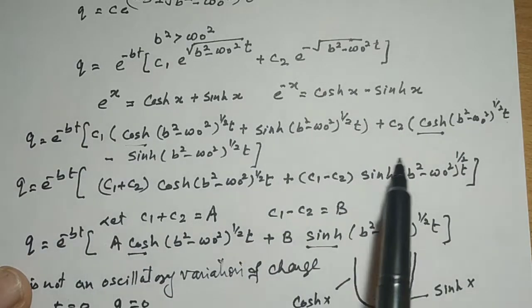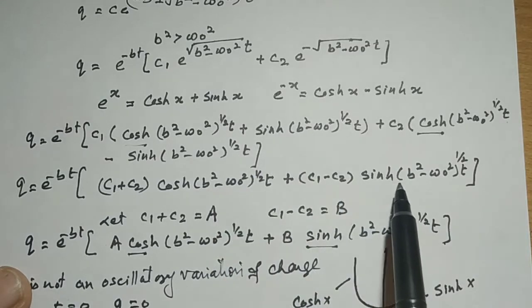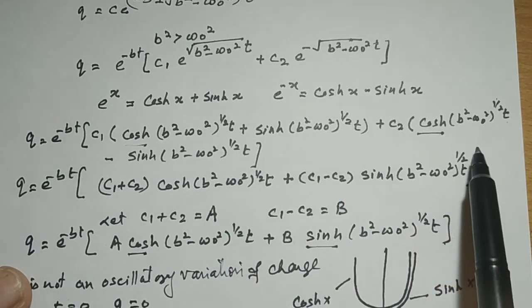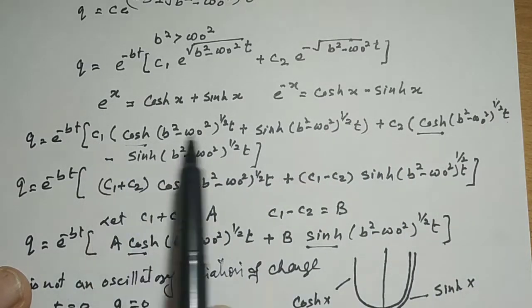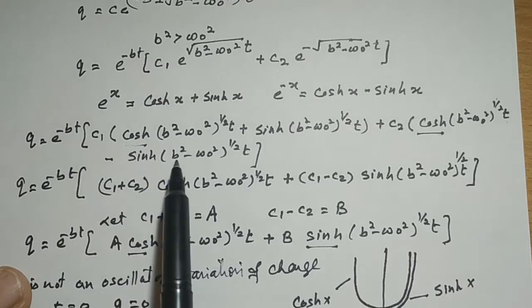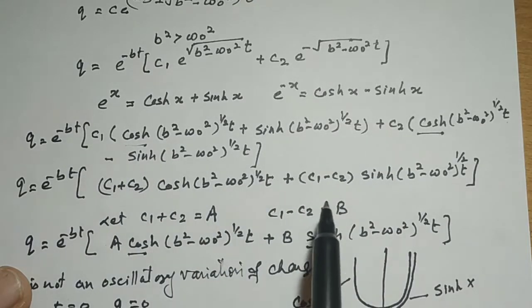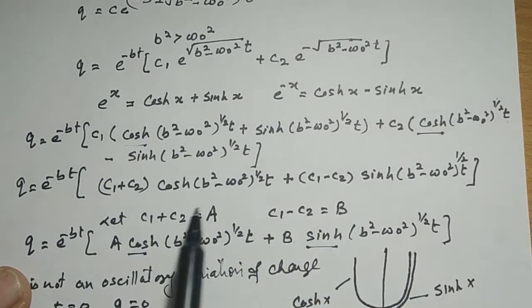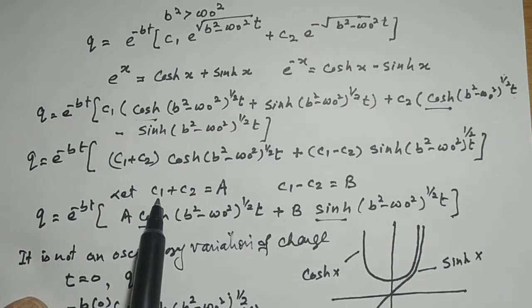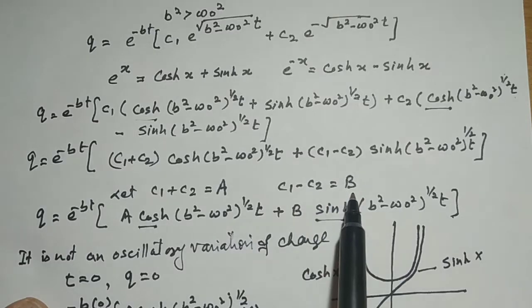Plus similarly, you collect the sinh terms, that we write sinh of square root of (b squared minus omega naught squared) t, and the factors we get are c1 from here, but minus sign here, that gives you c2 minus. So we get c1 minus c2, and for simplification we can put c1 plus c2 as a and c1 minus c2 as b.